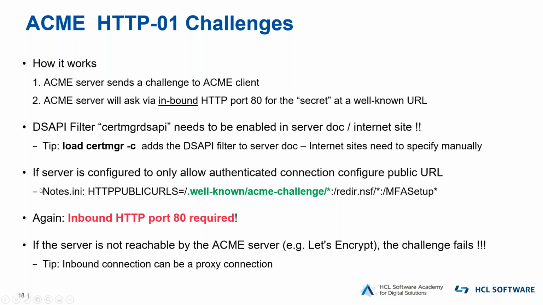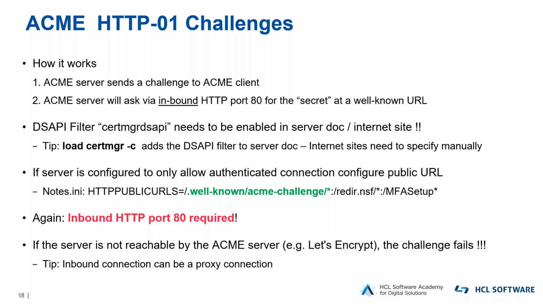I put one as an example that also contains a redirect database and the multi-factor authentication configuration, so that you have a request URL that works with a redirect URL, with the ACME challenge, and also with multi-factor authentication, the TOTP, which is also one of the highlight features in Domino 12.